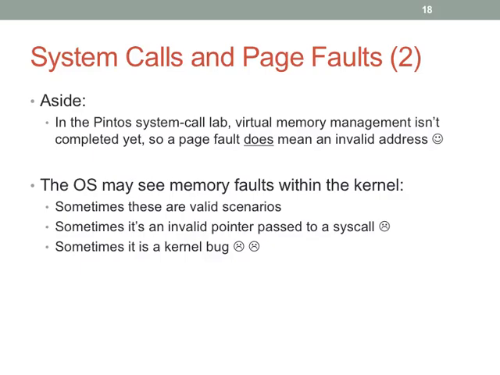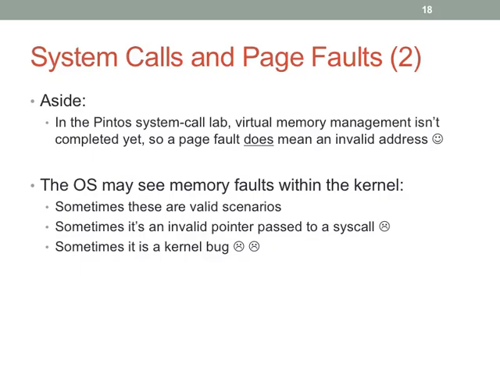Okay, so here's the deal. The OS sees faults within the kernel. That is, kernel code does something and causes a fault. Sometimes that's valid. Sometimes it's a user program misbehaving, passing an invalid pointer. And sometimes you have kernel bugs. Some of you have seen this: I do an operation in my kernel, and I get a page fault because the kernel's doing something wrong.